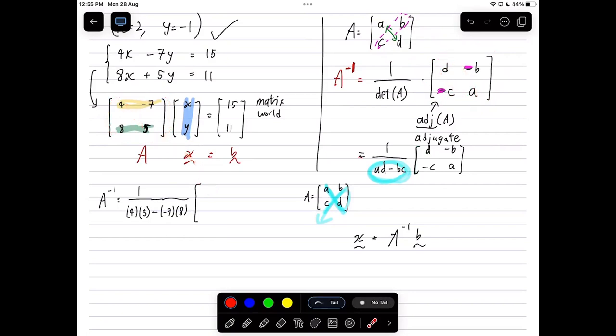Oh, flip. So that means that it's 5 here, 4 there. Then what happens to your other diagonal? 7 and -8. Good. Okay, then we calculate this. What's 4 times 5 minus -7 times 8? I use my calculator and I obtain the answer is 76.